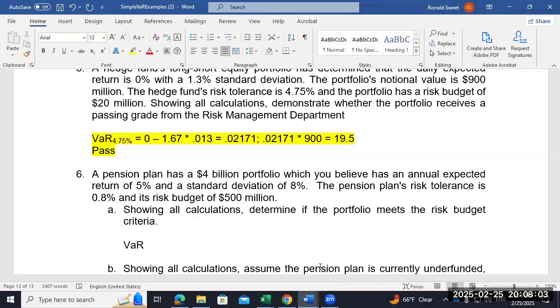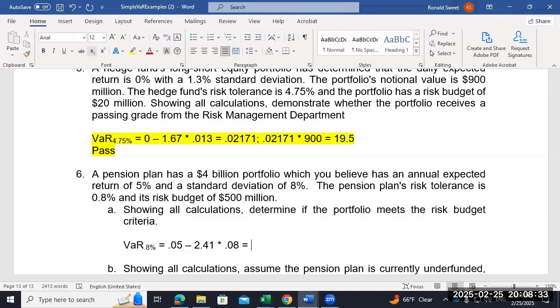Risk tolerance was 0.8%. All right, what's our mean? 5. How many standard deviations? Standard deviation. All right. Wouldn't it be under zero? No, that's the tolerance.